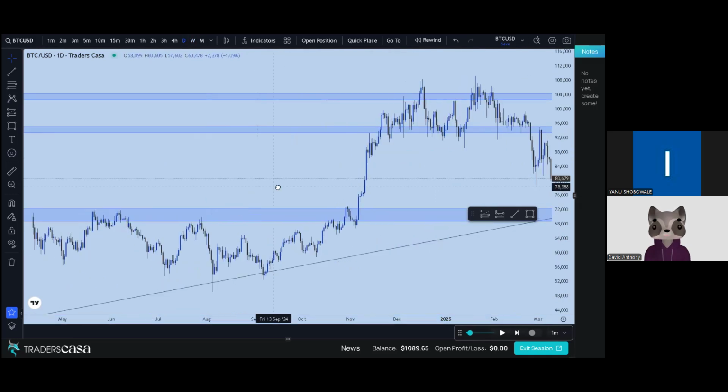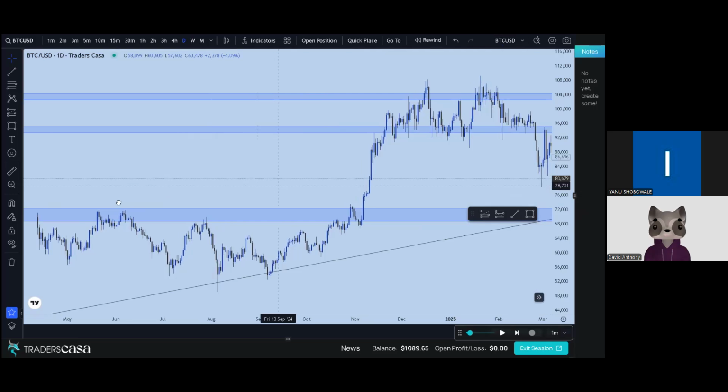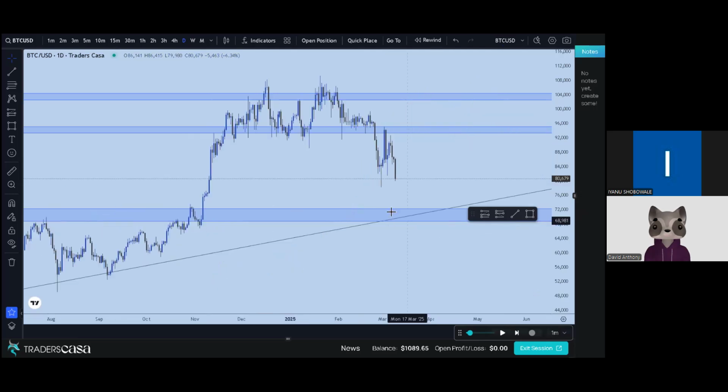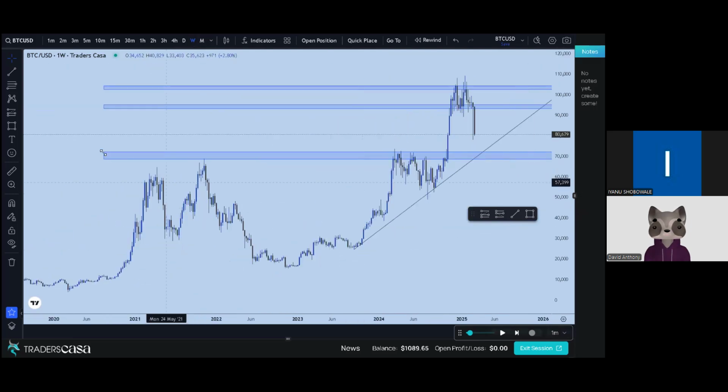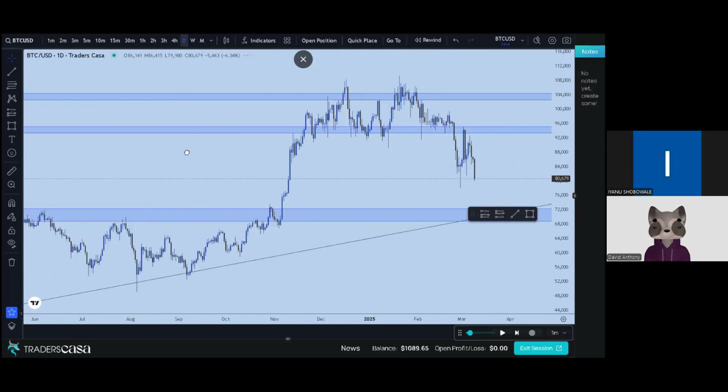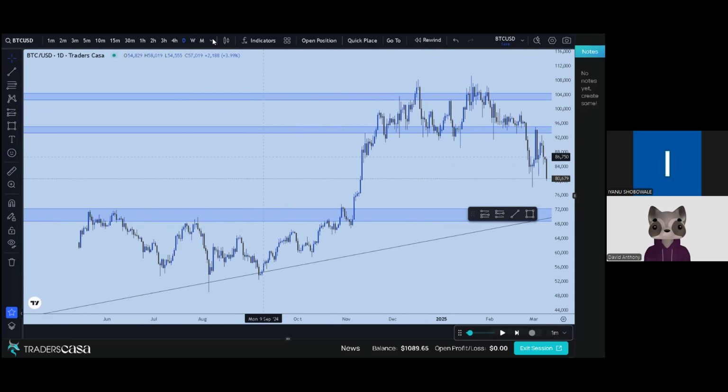Okay, I'm good. So now we just want to see price inside this zone. This one is quite big though. It's quite big actually. I don't know why I'm drawing it this big, but it's quite big. It's too big.